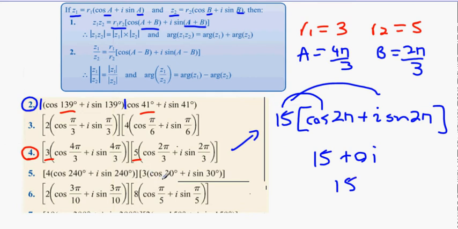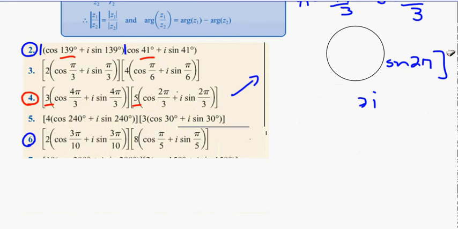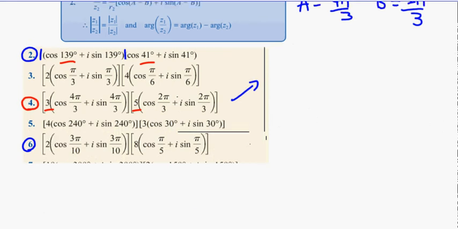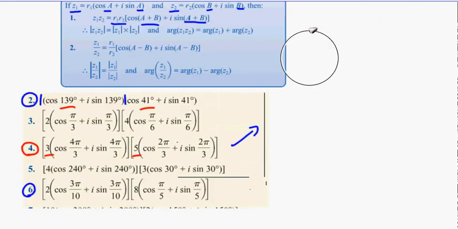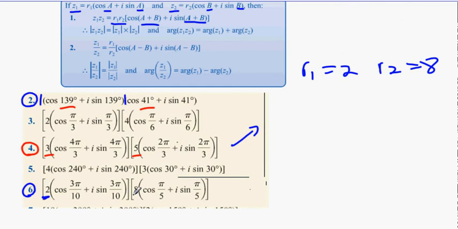Now you can do the same thing with question 6. Once again, just make your list. R1 equals 2, R2 equals 8. Then we have A equals the angle in the first one, which is 3 pi over 10, and B equals pi over 5.